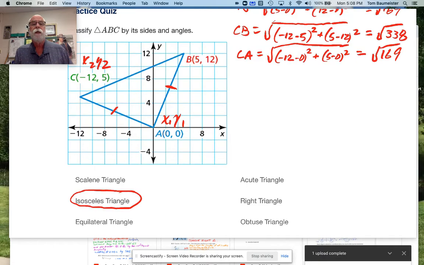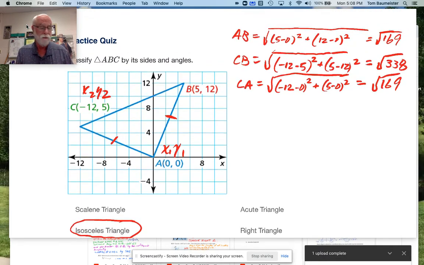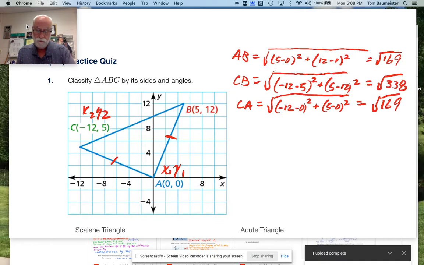All right, now to find out if we have an acute, right, or obtuse angle, we have to find the slope. So now I'm going to find the slope, and what I would suggest you do, ladies and gentlemen, is look at the one you think might be a right angle. All right? So I'm thinking this one right here might be a right angle. So I'm going to go ahead and find the slope of that one there. That means I have to find the slope of both of those lines that connect there.